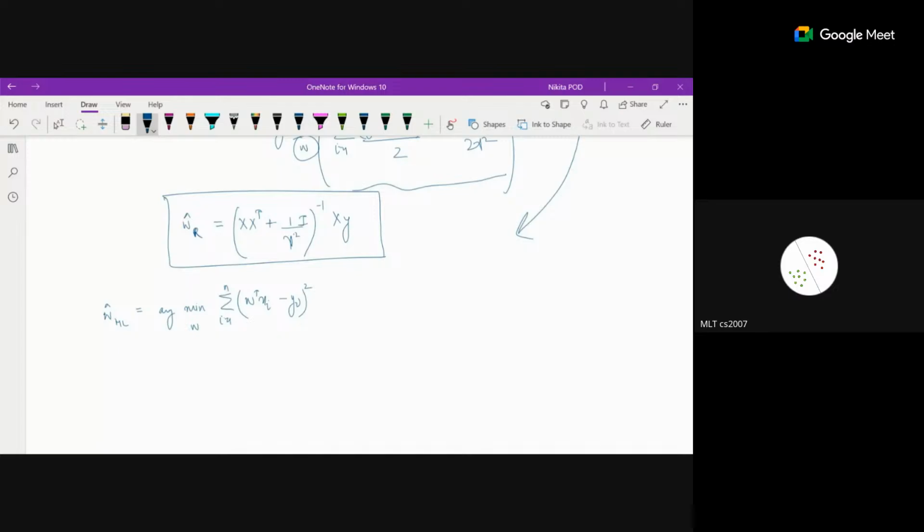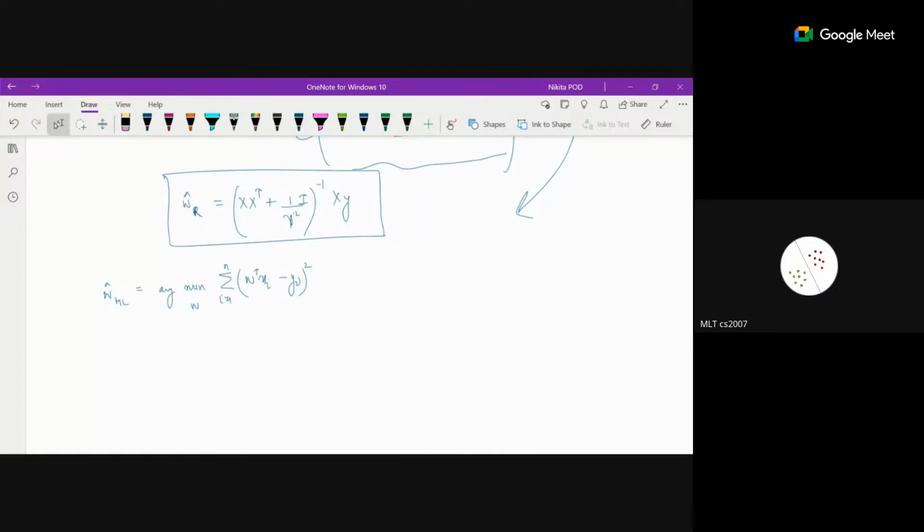And the W hat R was arg min over W of the sum of (W transpose xi minus yi) whole square, i varying from 1 to n, plus lambda norm of W square. And this lambda is what we refer to as the ridge penalty.